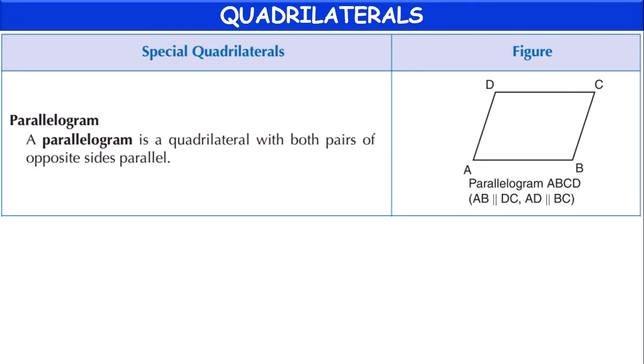You have to just remember the names, children. Complete properties of all the structures we are going to learn in the coming videos. In this video, we have told the basic definitions of all special types of quadrilaterals.